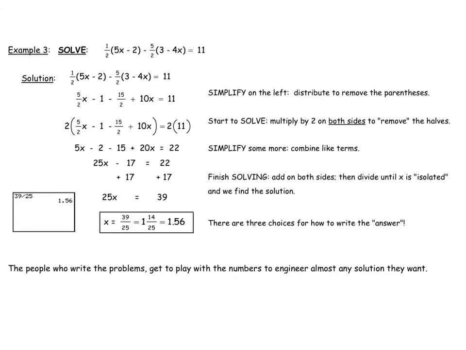Now, in my task of removing numbers that are blocking my view of what x actually must equal to make this equation true, I'm allowed to now multiply both sides of the equation by 2. If I put a 2 on this side of the equation and a 2 on this side of the equation, then what I've done is balanced.